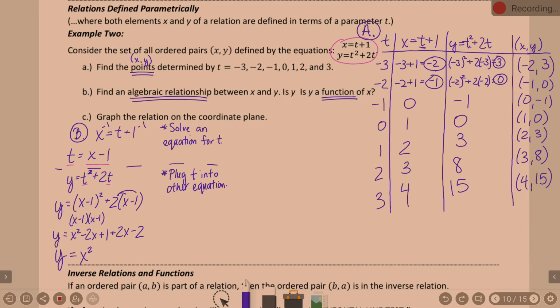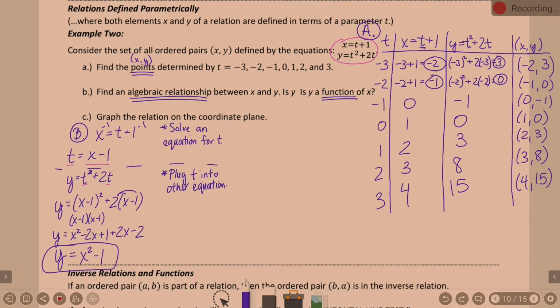And I'm left with 1 minus 2, which is minus 1. So right there, it asks us to find the algebraic relationship. That is y equals x squared minus 1. So we went from having two equations that are in terms of this parameter t that I don't really know a whole lot about, to we now have one algebraic relationship between x and y.